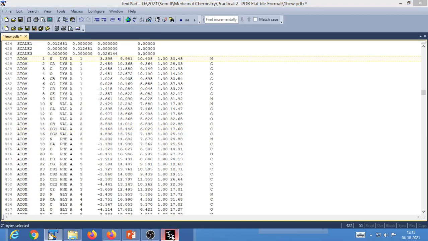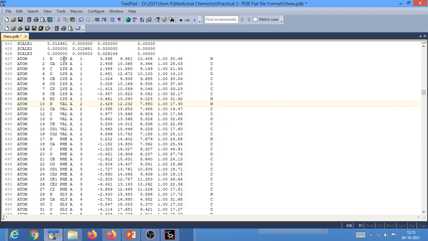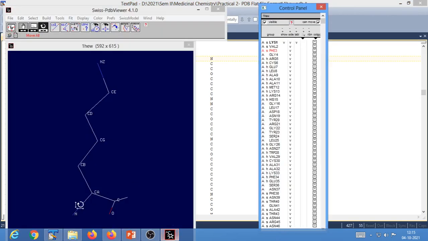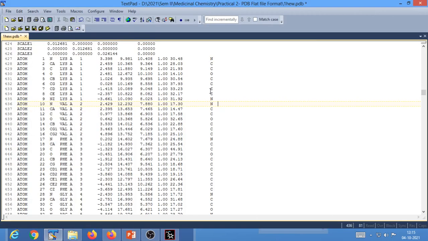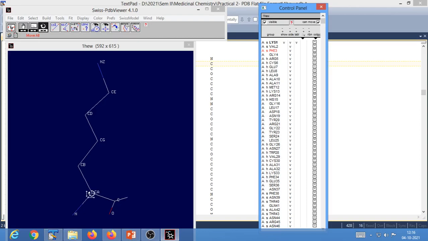In this way it would read the first line that corresponds to nitrogen, read its three coordinate values, and according to these coordinates place a blue dot over here. Then move on to the next line that corresponds to the C alpha carbon atom, read its x, y, and z coordinates, place a white dot over here, and then join the blue dot to the white dot.